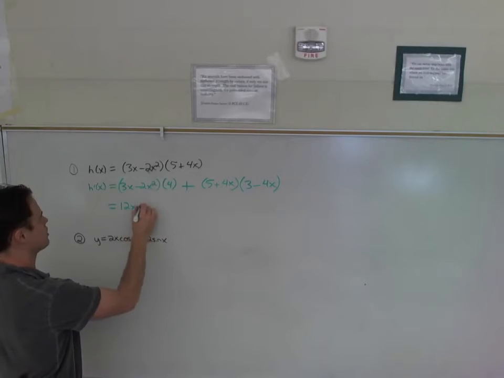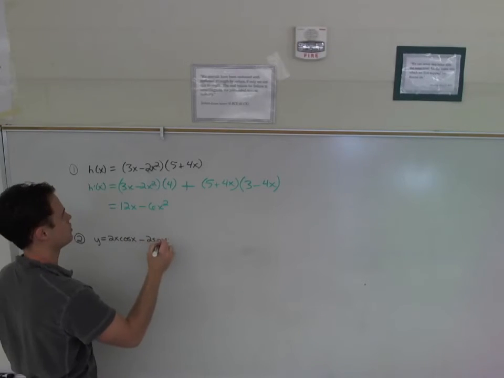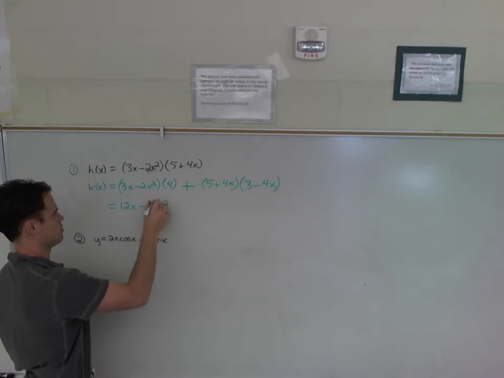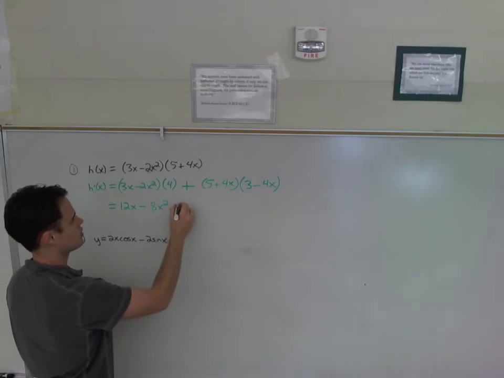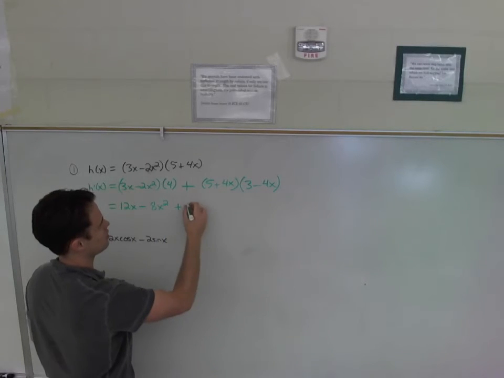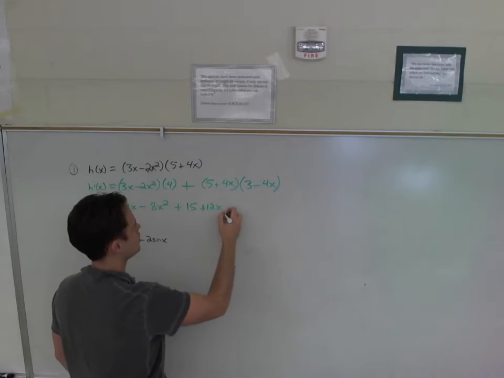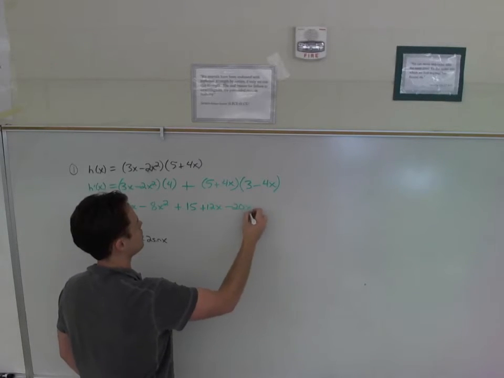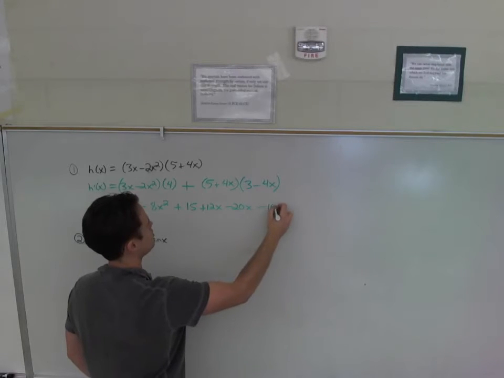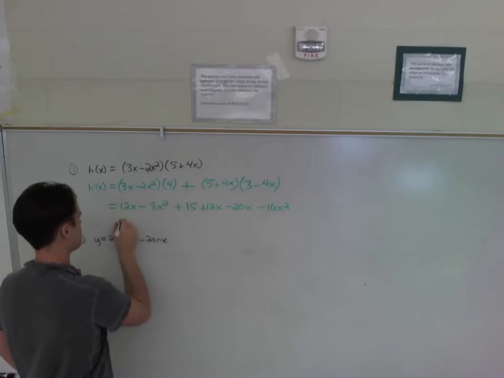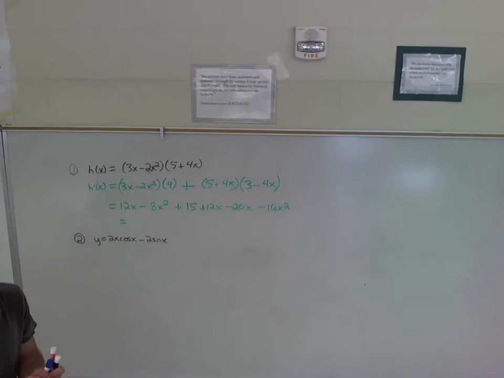So I get 12x minus 6x squared, plus, I'm going to have to expand. I got a 12x, I got a negative 20x, and I've got a negative 16x squared. Why does it matter if you simplify? Why can't you just leave it like that? What if you need to take another derivative? That's very, very common.